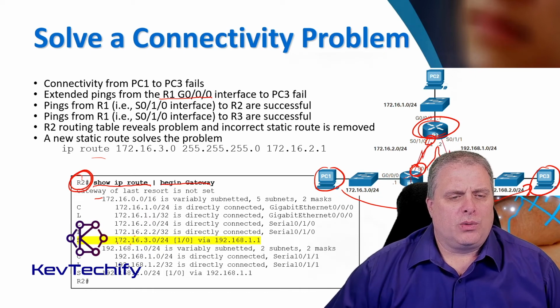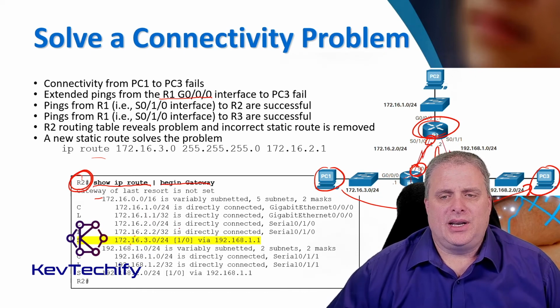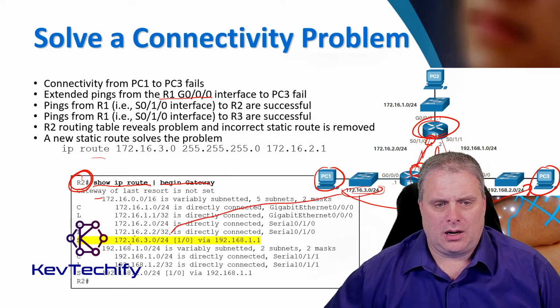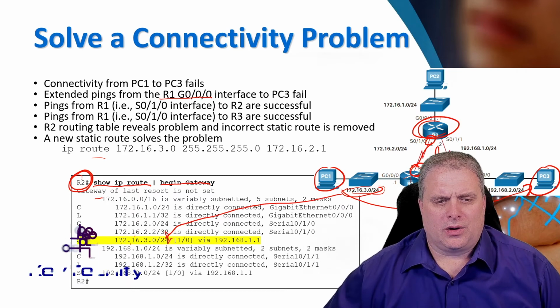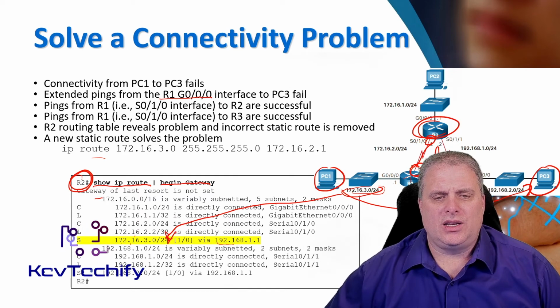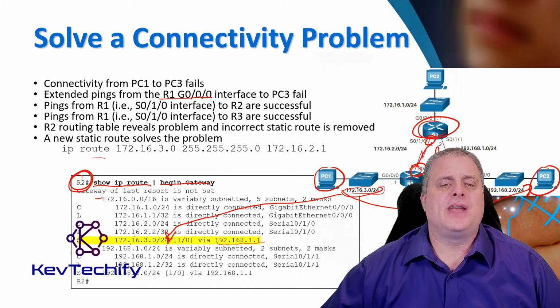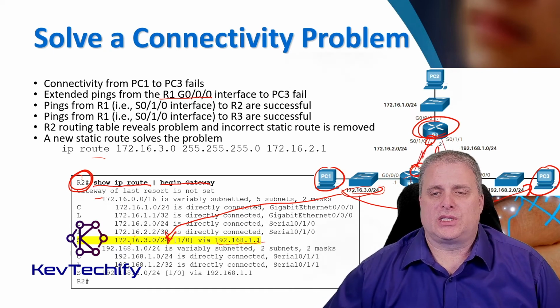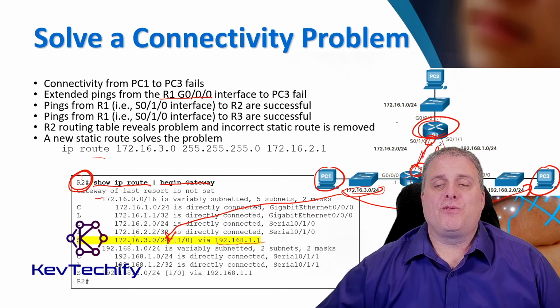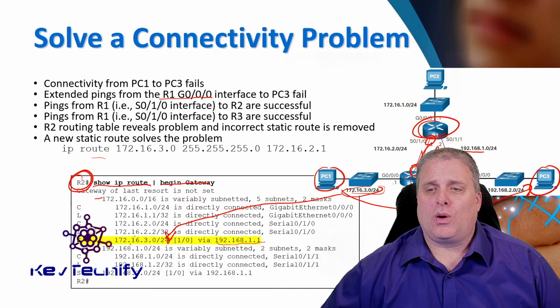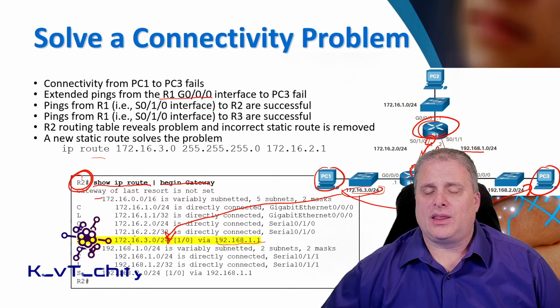To get to the network 172.16.3.0, that's the bottom left network right here, your exit interface is, or sorry, not your exit interface, your next hop IP address, 192.168.1.1. If we look at our chart, 192.168.1.1 is right there.